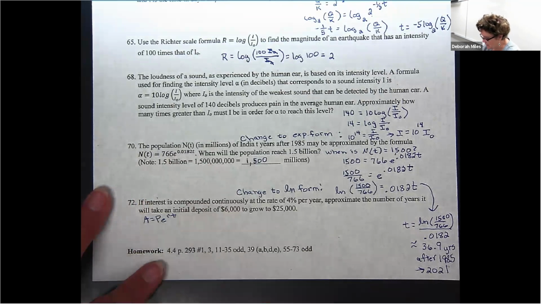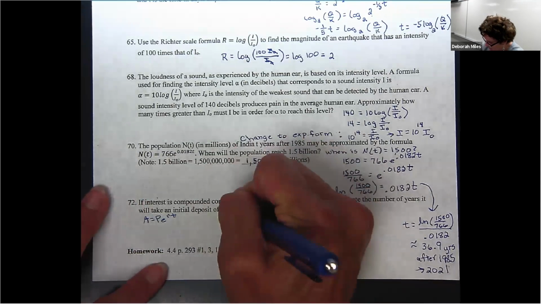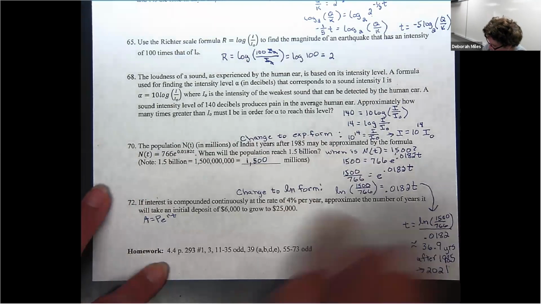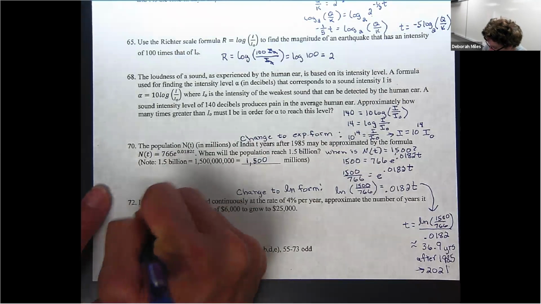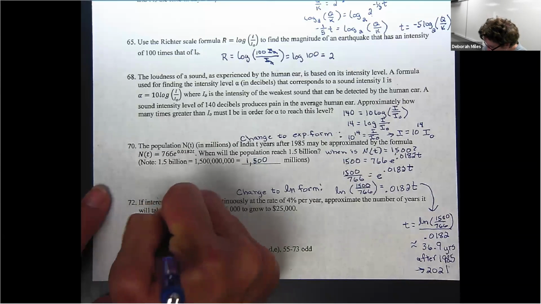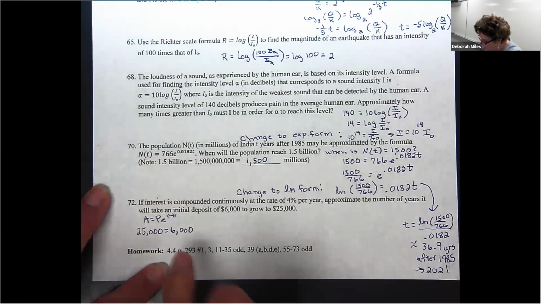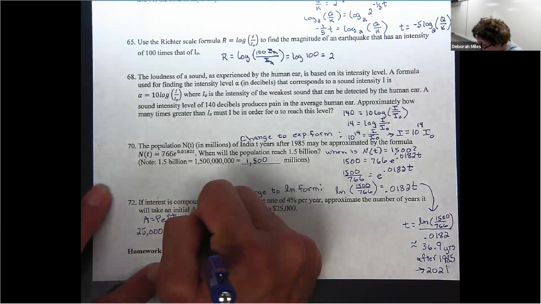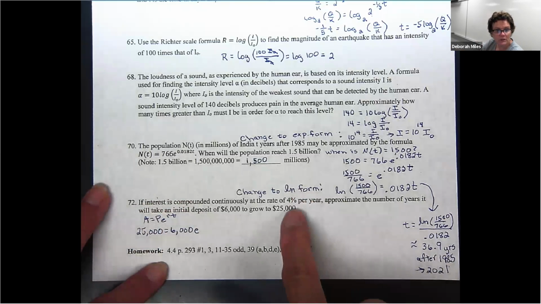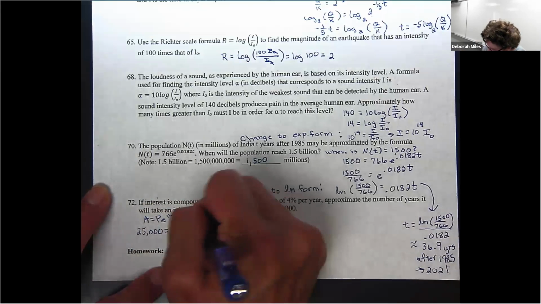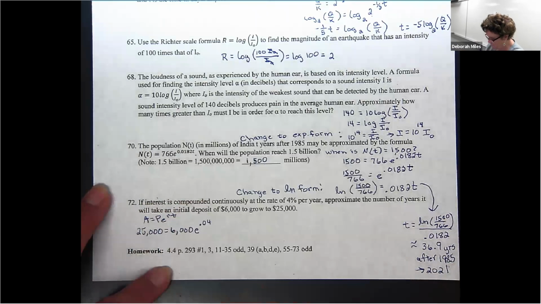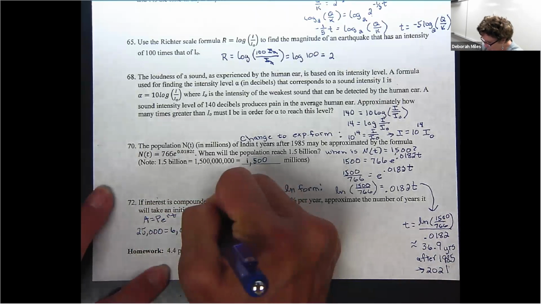That's compounded continuously. Our initial deposit is 6,000. That's my P. 25,000 is what I want to have at some point in the future. So 25,000 equals 6,000 e to the 4% per year is 0.04 t. T is what I'm solving for.